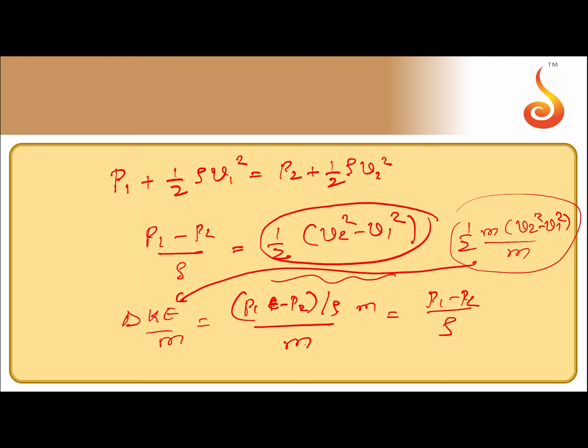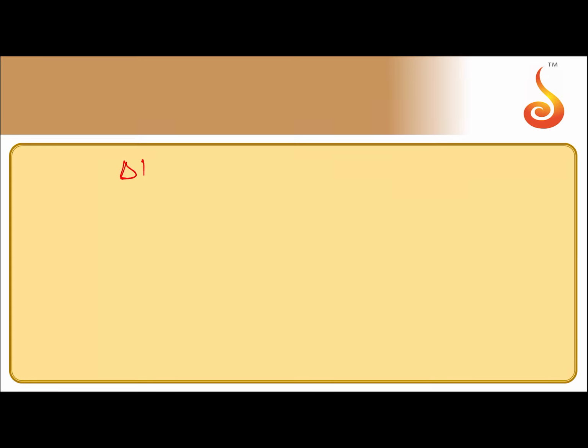And we have all the details here, right? The 2 points are separated by a distance of 1 kilometer. The change in pressure is 5 pascals and the density is also known to us.